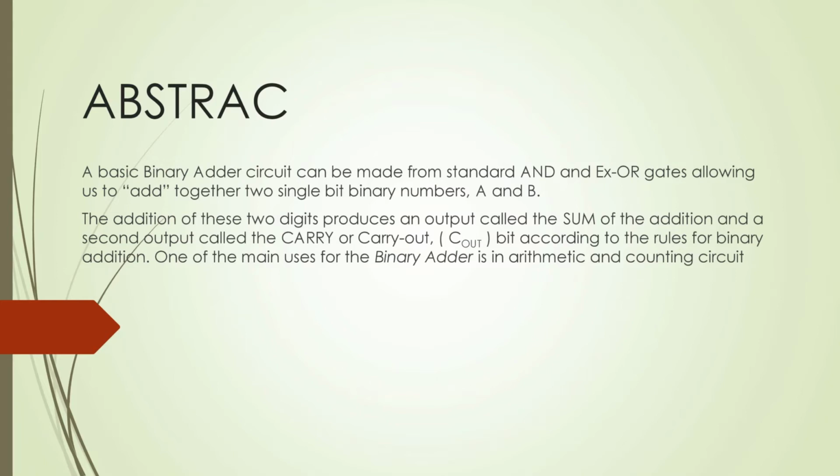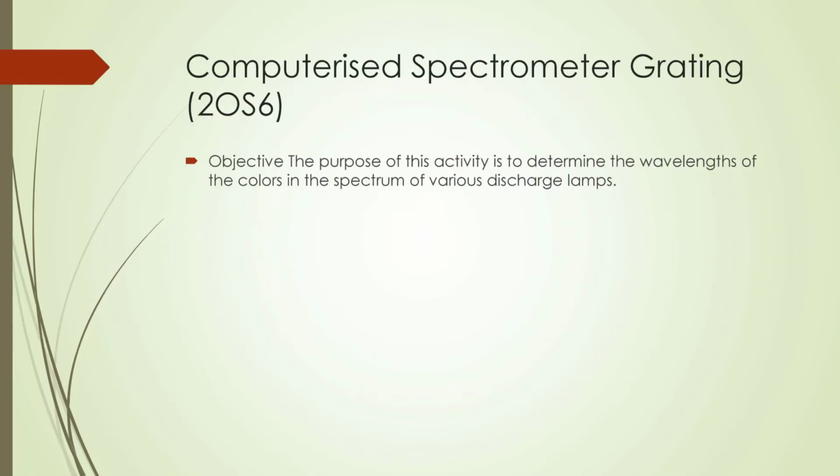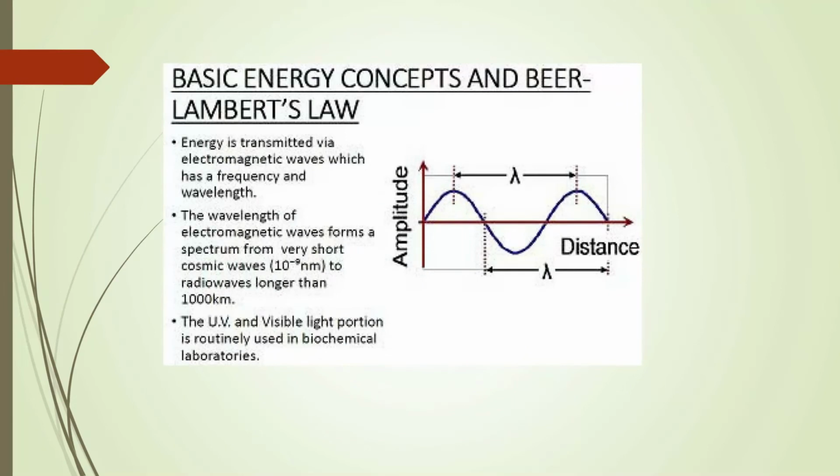One of the main uses for the binary adder is in arithmetic and counting circuits. The third experiment is computerized spectrometer gratings. The objective of this experiment is to determine the wavelength of the colors in the spectrum of the various discharge lamps. From this experiment, we have to understand the basic energy concept and Beer-Lambert's law.